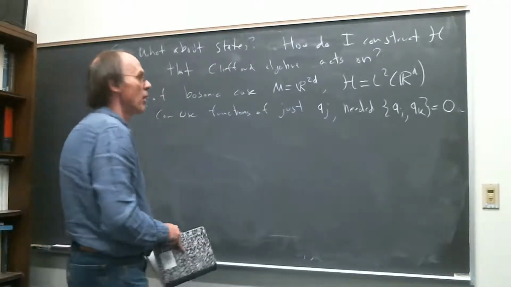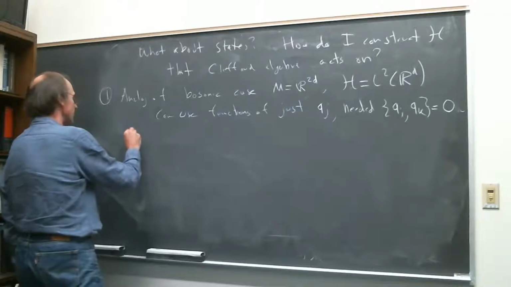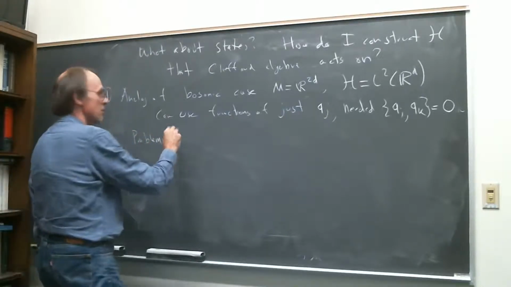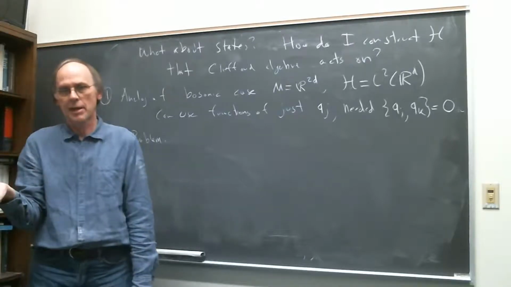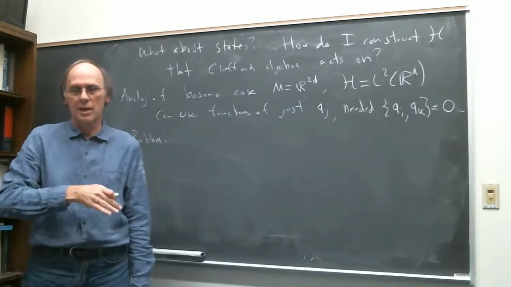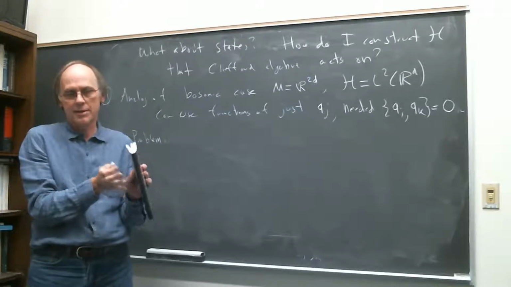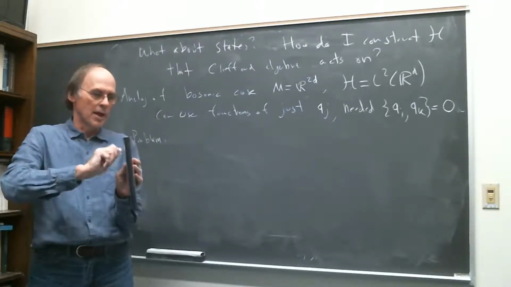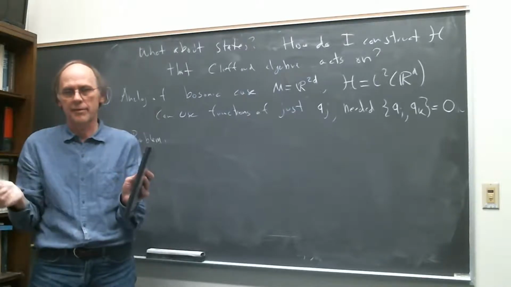And our problem is that what we'd like to do is the same thing in the fermionic case. We'd like to take half the variables, and then take anti-commuting functions of half the variables.